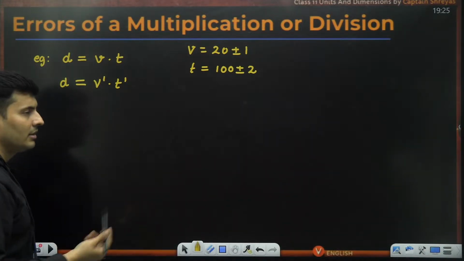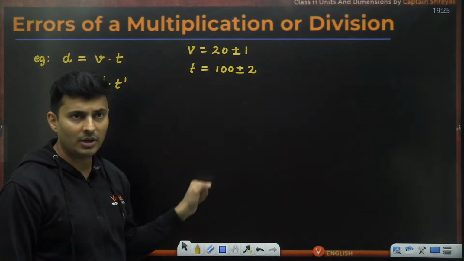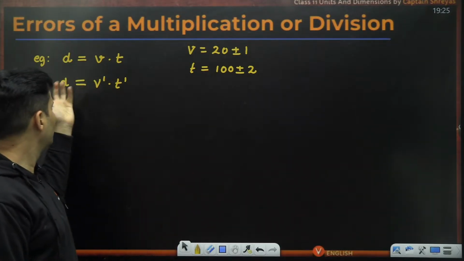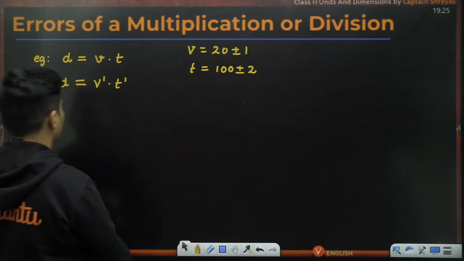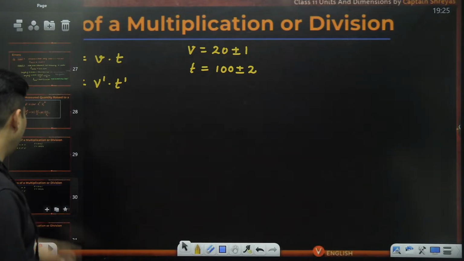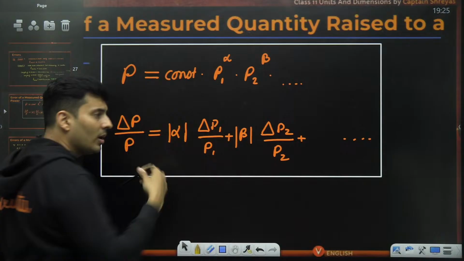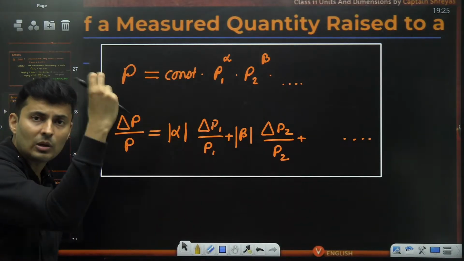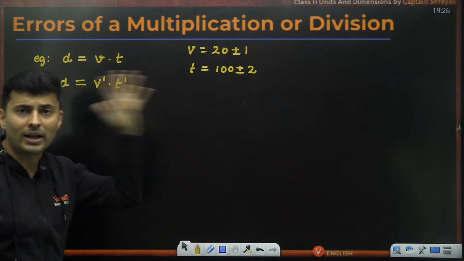Question is, find the distance. As you can see, speed has some error, time also has some error. So distance will also have some uncertainty in it. First, distance is v raised to 1, t raised to 1. Why did I write it like that? Because our formula demanded something raised to something. Always write it with the physical quantity raised to the suitable power. If there is nothing, you can always put 1.